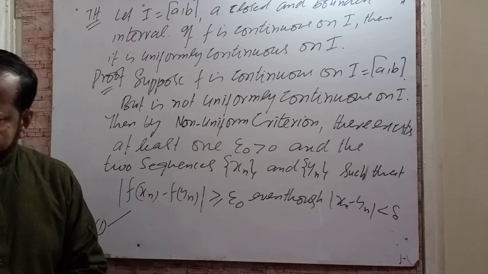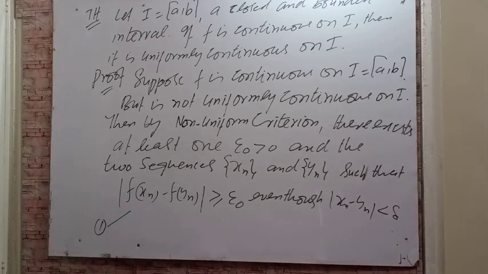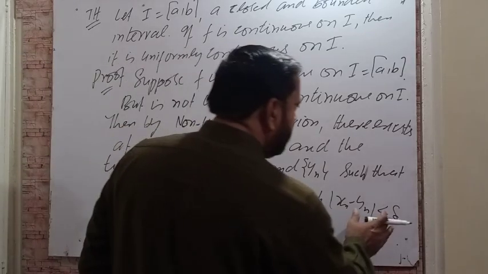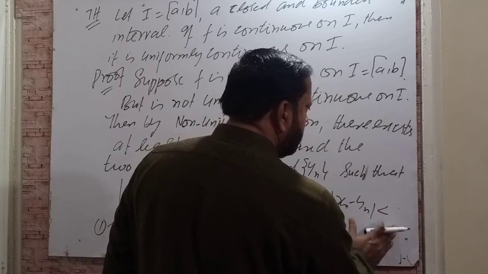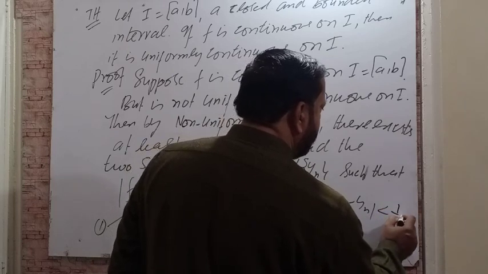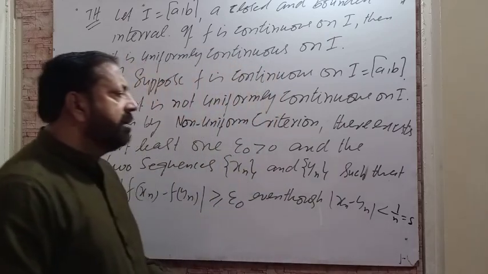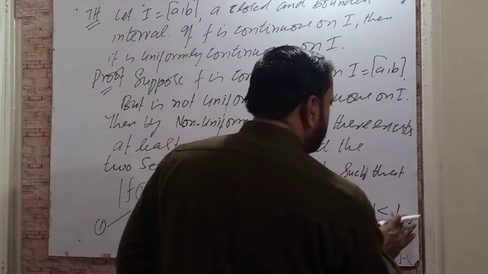Okay. Now, what happens if you do this? For the sake of convenience, I can use |xn - yn| less than 1 over n, which is less than delta as well. This is possible.